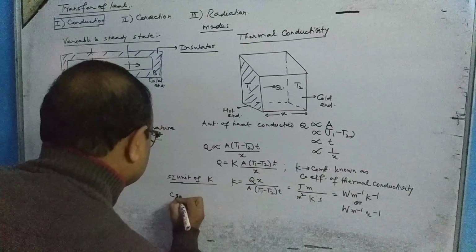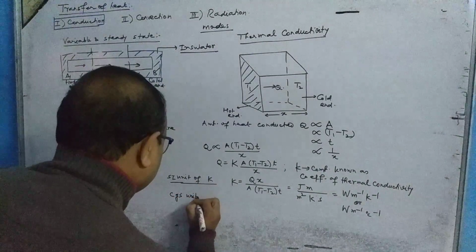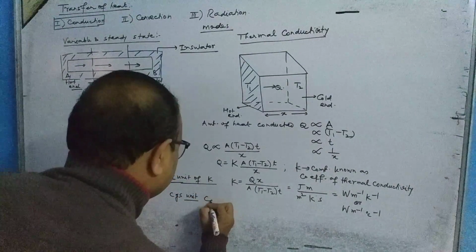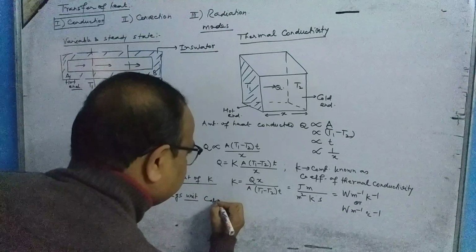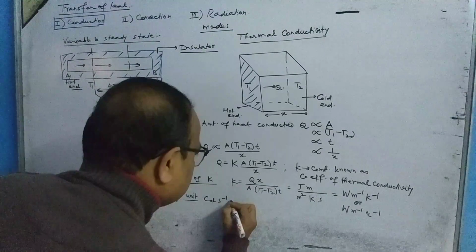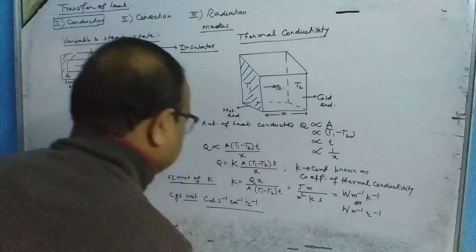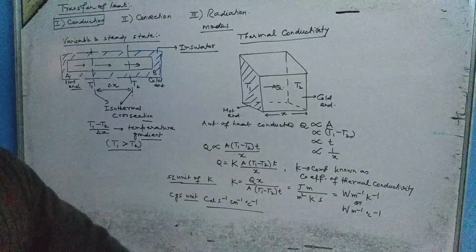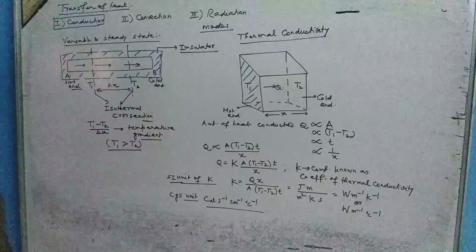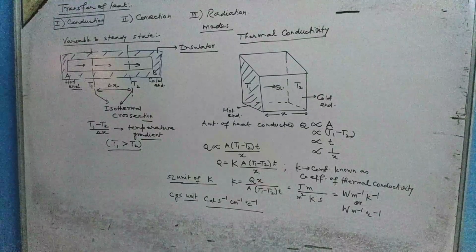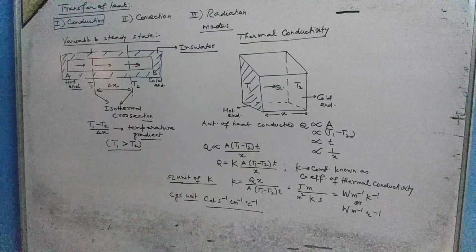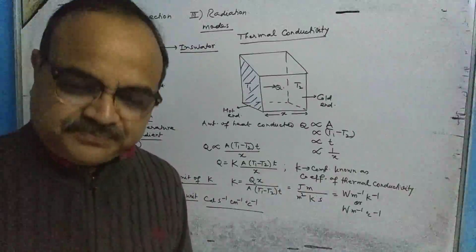CGS unit will be calorie per second per centimeter per degree Celsius. Look, this is the CGS unit, both the units. In the next lecture, we shall define this thermal conductivity.